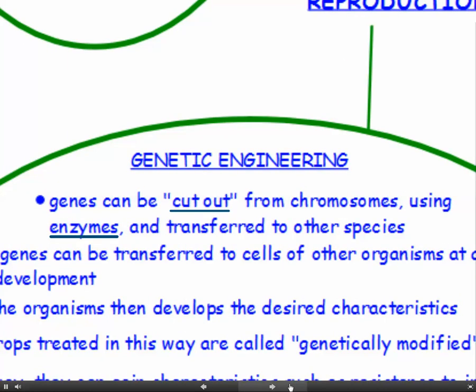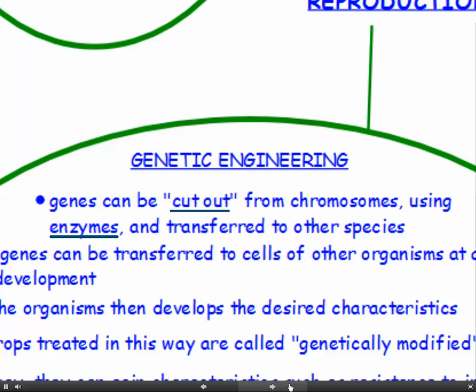Now, genetic engineering is not the same as cloning. Cloning means making lots of identical offspring. Genetic engineering means altering the DNA of an individual. So, genes can be cut out from chromosomes using enzymes. And these genes can be transferred to other species.